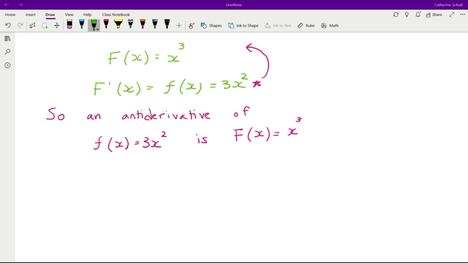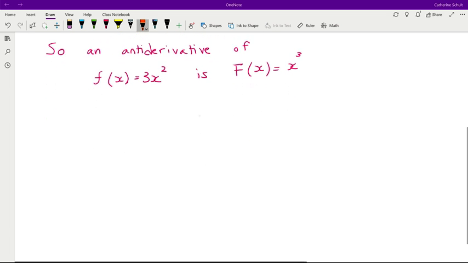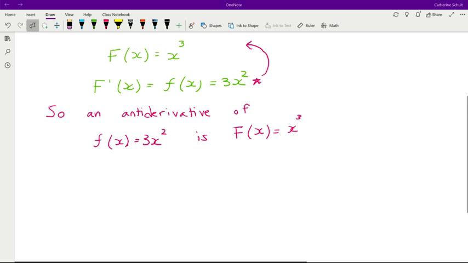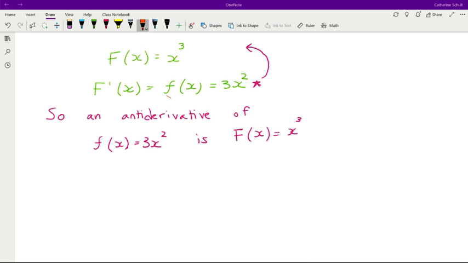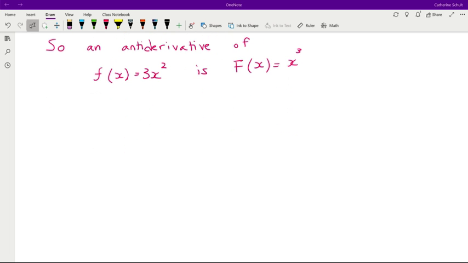Okay, so let's try an example where we start here. We're given a function and we want to find the antiderivative. Let's find the antiderivative of f of x equals x to the 4th.